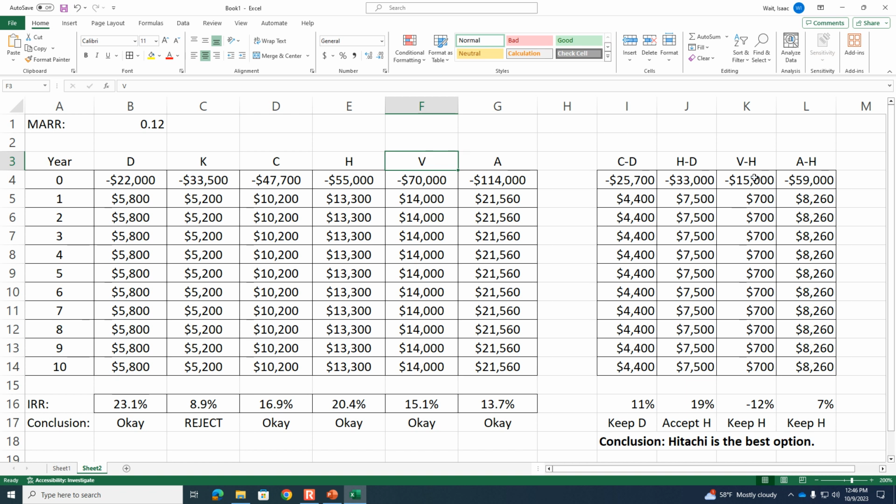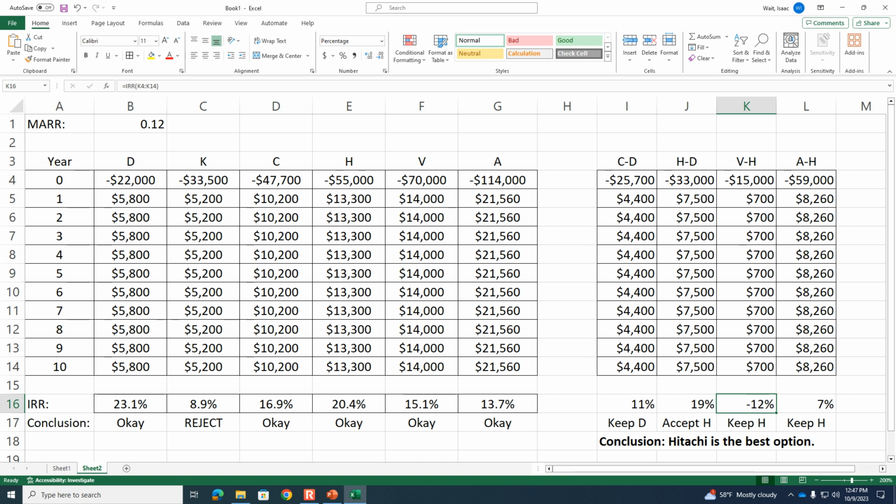So Volvo versus Hitachi, $15,000 in cost. If you add up all of the revenues, that's only $7,000. That's why we got a negative internal rate of return: the incremental revenue is less than the cost, much less, so it's not even a positive internal rate of return.